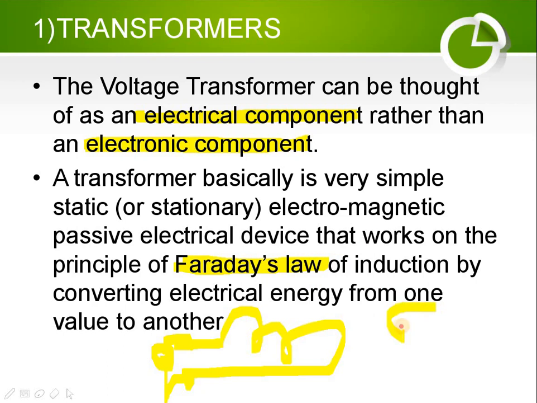For example, this is another coil. If we bring this secondary coil into the vicinity, or range, of its magnetic field, then due to the changing magnetic field of the alternating source connected with the primary coil, we get the induced EMF in the secondary coil.